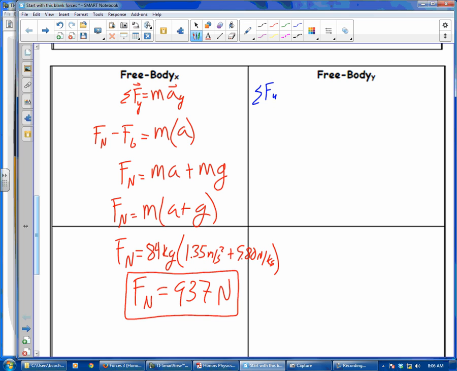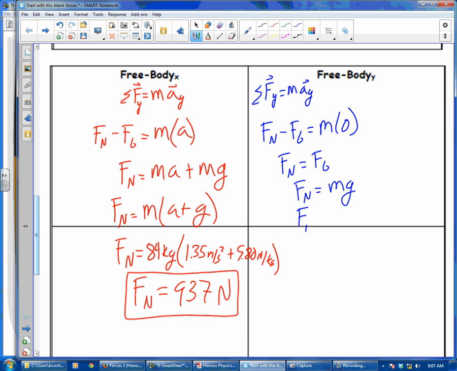The force in the Y, and I have my normal force minus my gravitational force equals M times 0 this time. So my normal force equals my gravitational force. My normal force equals Mg. So my normal force equals 84 kilograms times 9.80 newtons per kilogram.